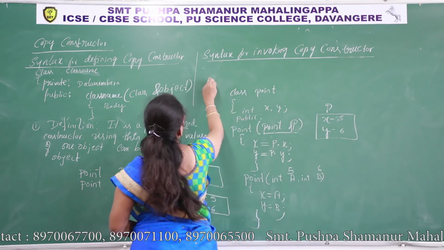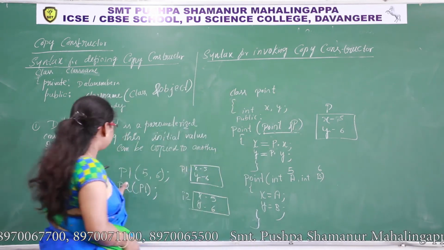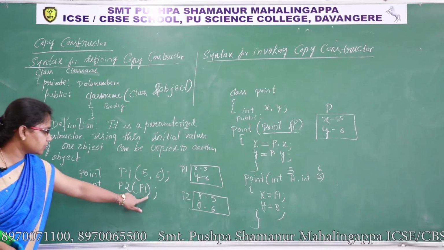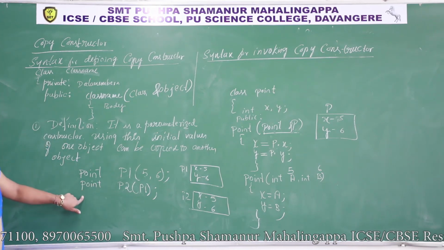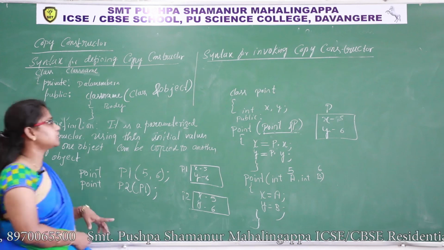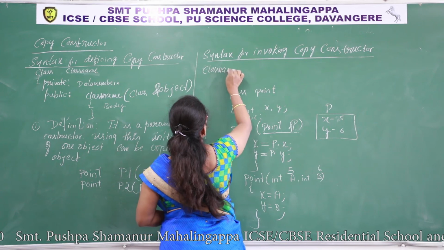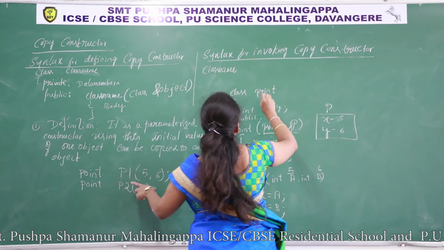See here, by seeing this example we can write the general syntax. This statement is an invocation of the copy constructor. Point is a class name. P2, I can write object 2.